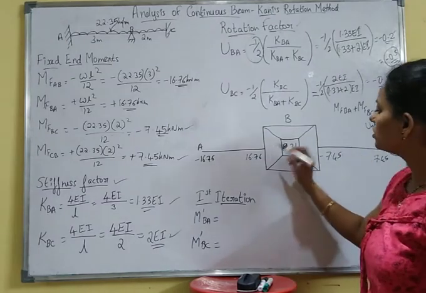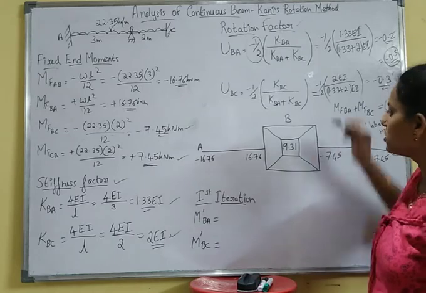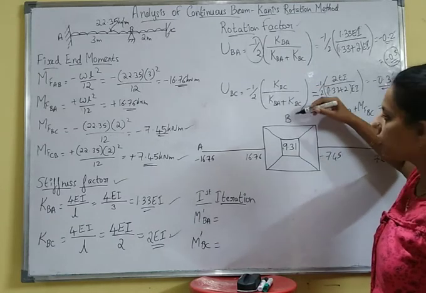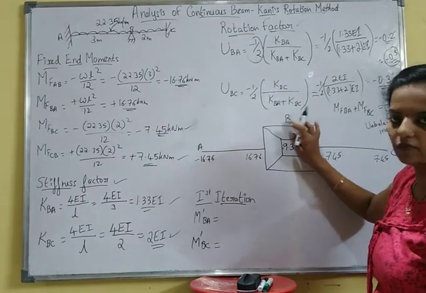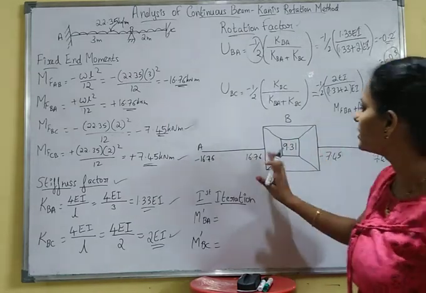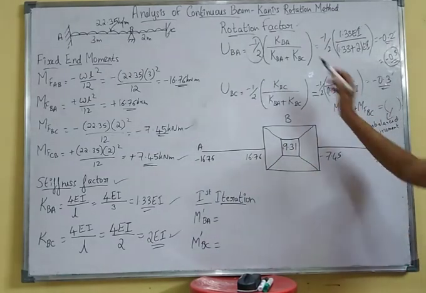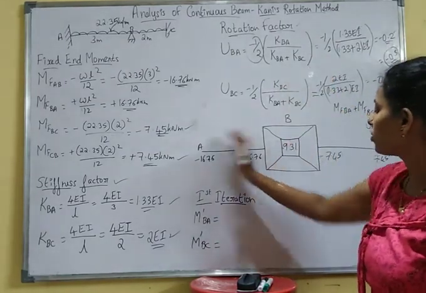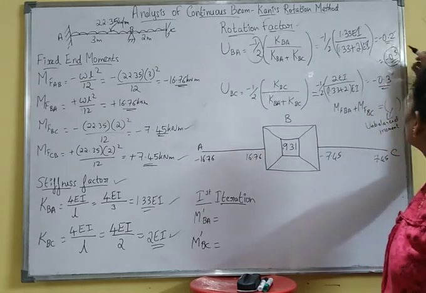Once this is known, you have to write all the distribution factors. If there is any member over here, you will get a distribution factor there also. In our case, we have only the distribution factors for BA and BC. So in that direction, you write the distribution factor. See here, this is joint BA.